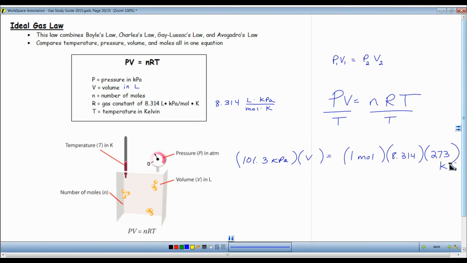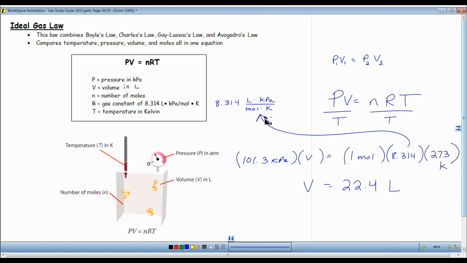If you plug this in your calculator, just for kicks, I'm going to solve it. Okay, so 1 times 8.314 times the 273 divided by 101.3. Oh my gosh, that's like 22.4. And now that would come out in liters, because the other units have to match the units of my constant. So it's all of these bad boys: liters, kilopascals, moles, and Kelvin.